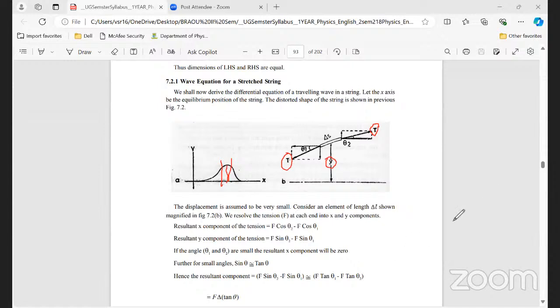I think you performed an experiment in first year, Melde's experiment. Did you do that Melde's experiment?